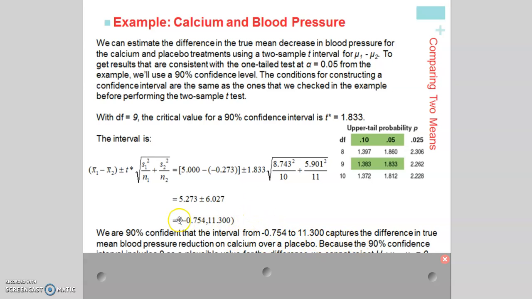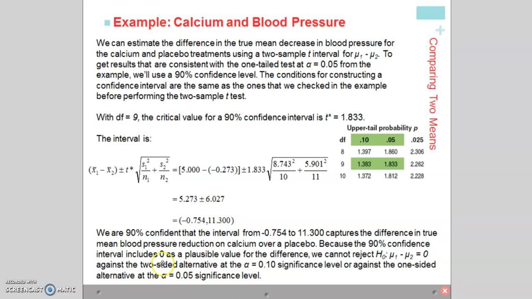Now, often with the intervals we compared them to the null hypothesis, and our null hypothesis was 0, and you can see that 0 is in this interval. So because the 90% confidence interval includes 0 as a plausible value, we cannot reject the null hypothesis of 0 against the two-sided alternative at the alpha equals 0.1 significance level, or against the one-sided alternative at the 0.05 significance level.